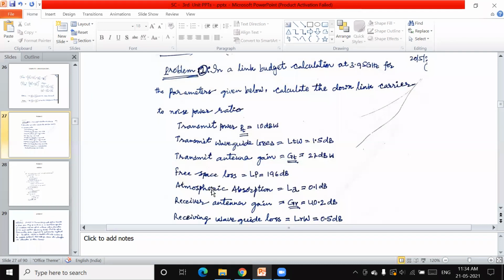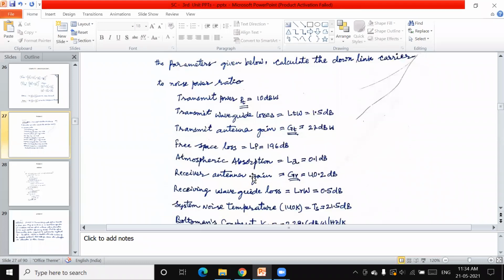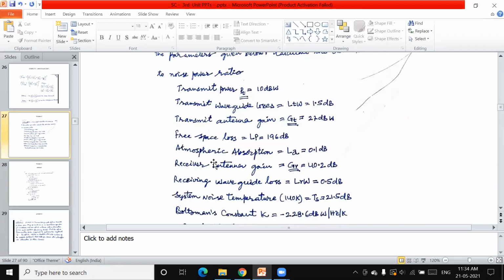Free space loss LP is 196 dB. Atmospheric absorption loss LA has been given as 0.1 dB. Receiver antenna gain GR, the receiving antenna gain, is 40.2 dB.